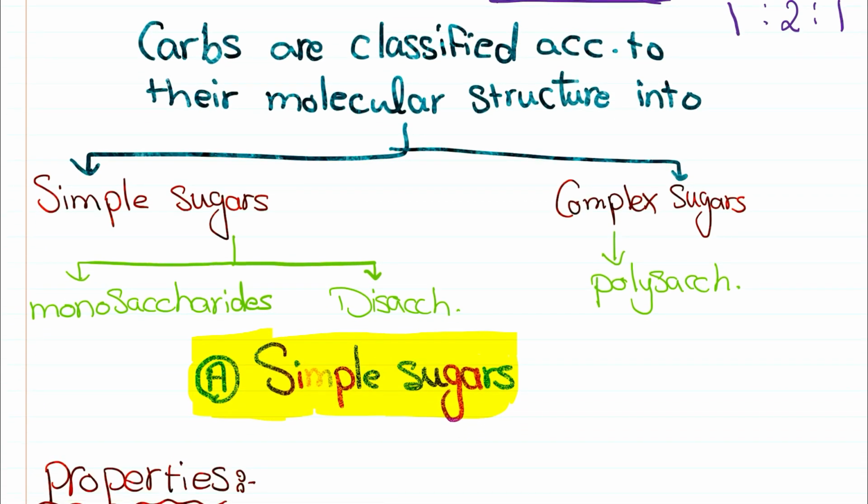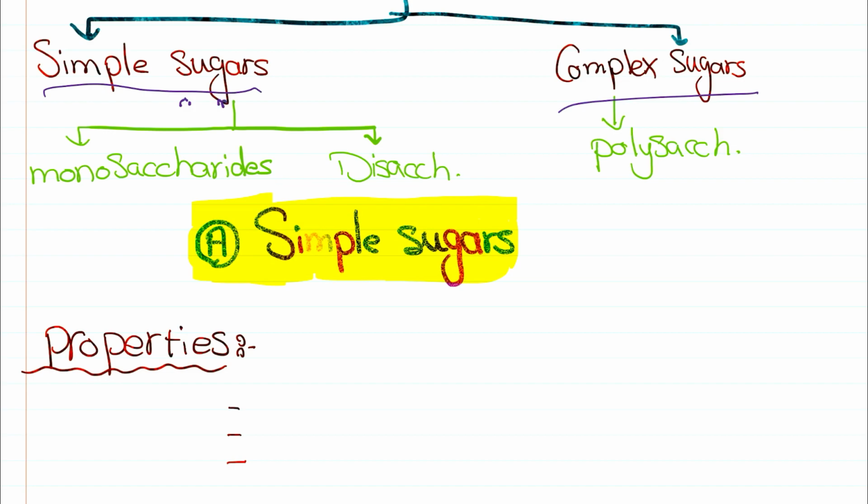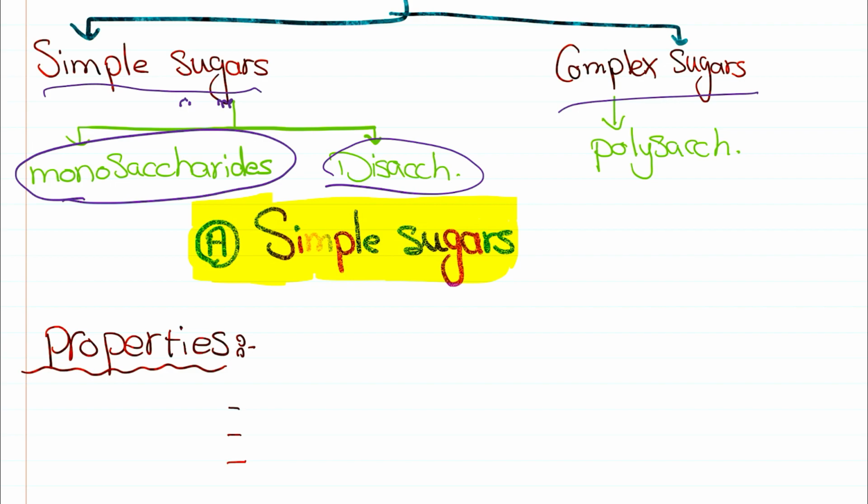If we classify the carbohydrates according to their molecular structure, they are simple sugar or complex sugar. So we have only two types of carbohydrates, but the simple sugar itself is classified into monosaccharides or disaccharides.